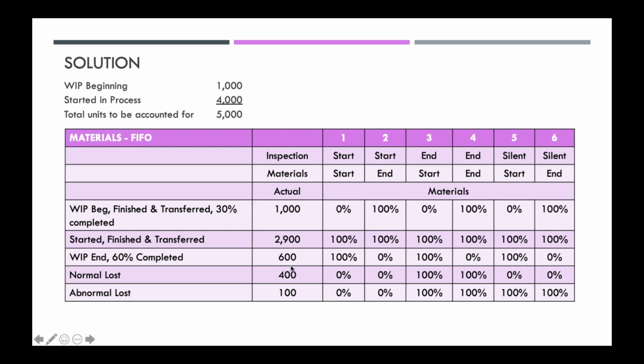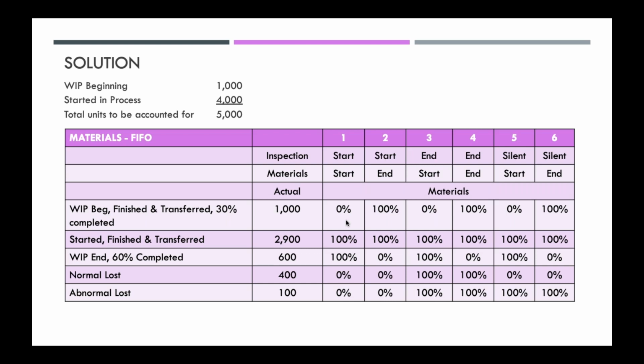Okay, so let's allot yung work done under scenario 1, that the inspection is done at the start of the process and materials is added at the start of the process. So yung work in process beginning natin, wala nang materials kasi it's 30% completed already.